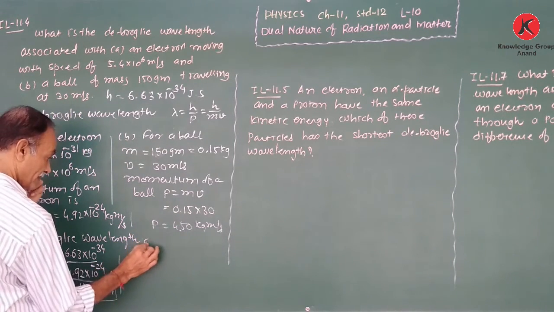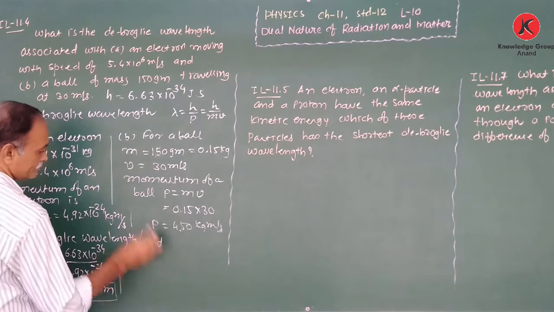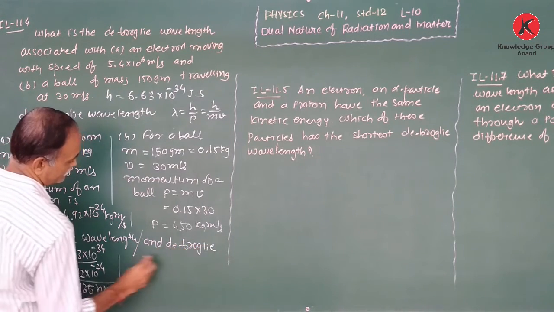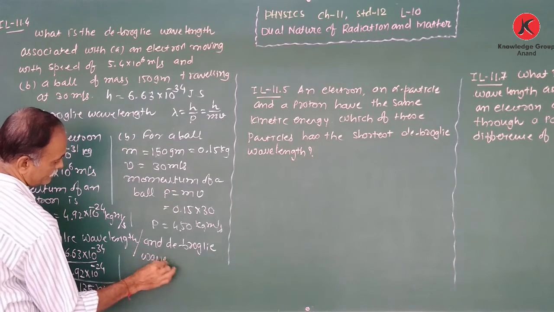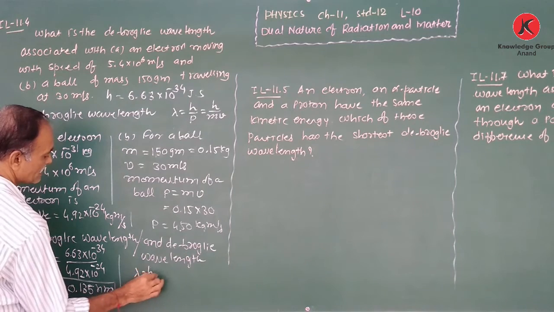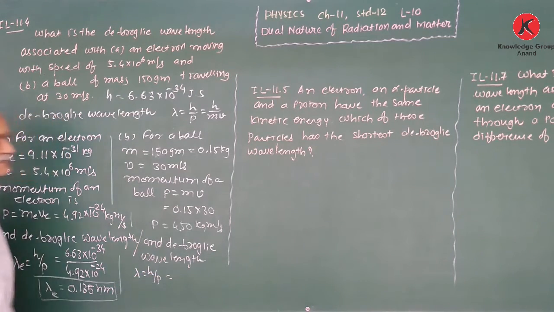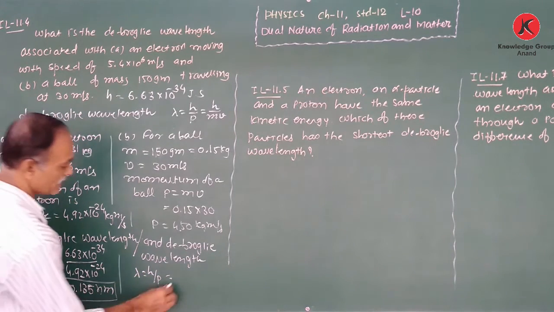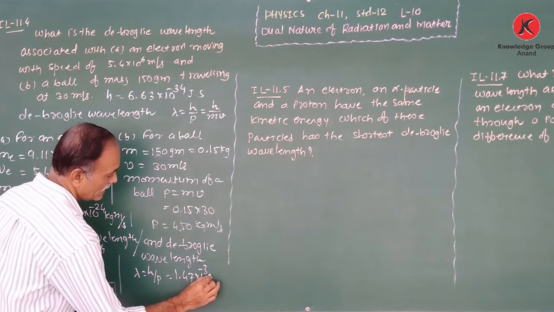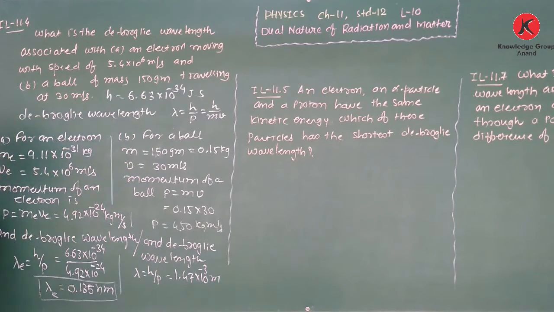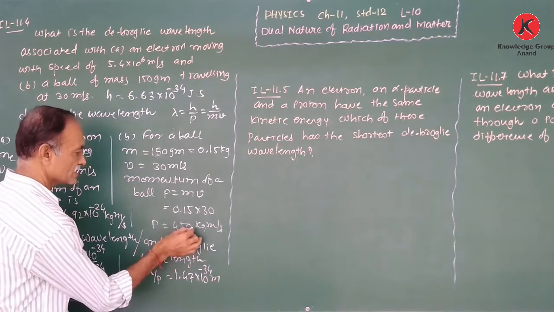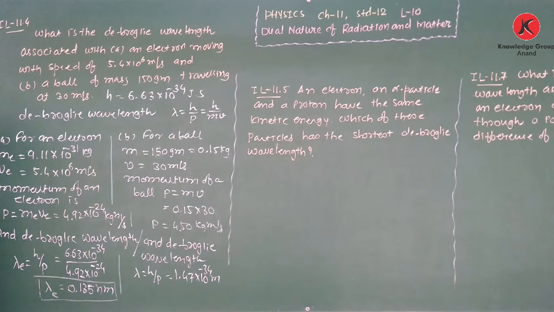And de Broglie wavelength lambda is equal to h upon p, approximately obtained 1.47 into 10 is to minus 34 meter, because h is minus 34.